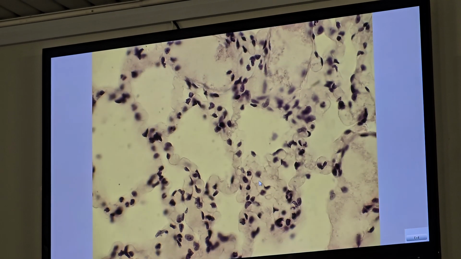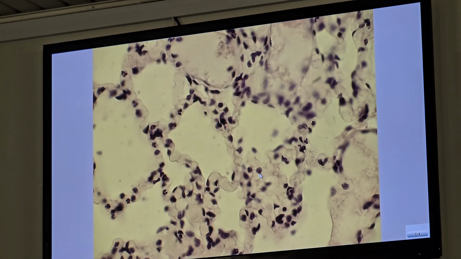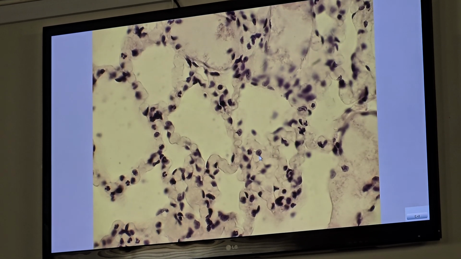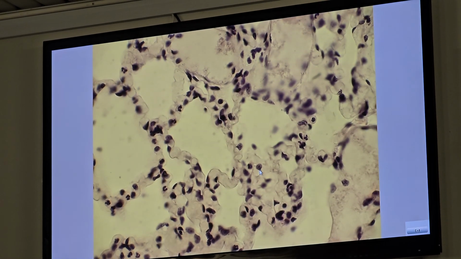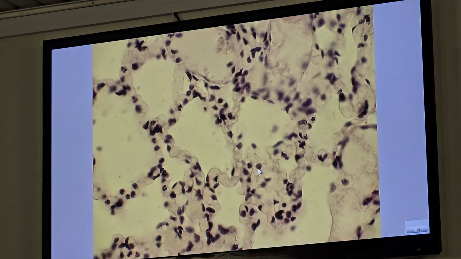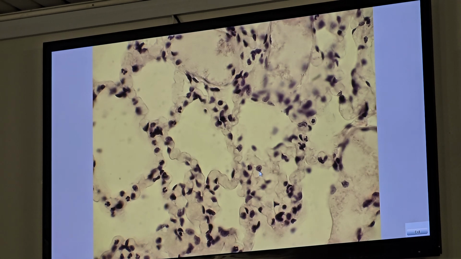Type 2 at the tip of the pointer, we can see type 2. This is the nucleus of type 2 alveolar cells. Type 2 alveolar cells are found in groups of 2 or 3 cells at points where alveolar walls unite.